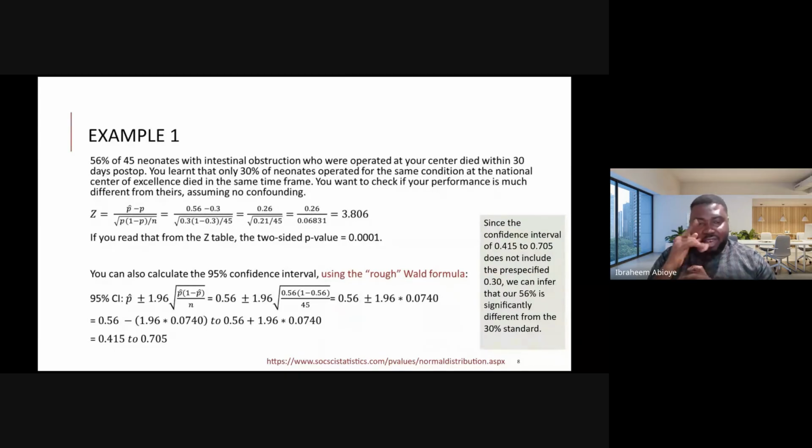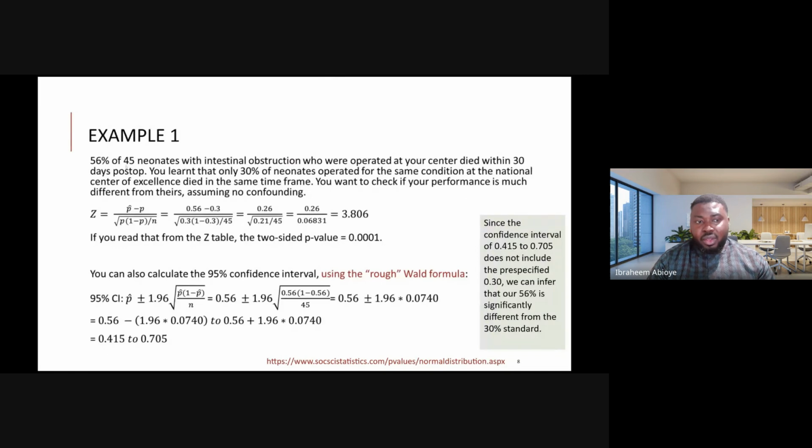56% of 45 neonates with intestinal obstruction who were operated at your center died within 30 days post-op. You learned that only 30% of neonates operated for the same condition at the National Center of Excellence died in the same time frame.